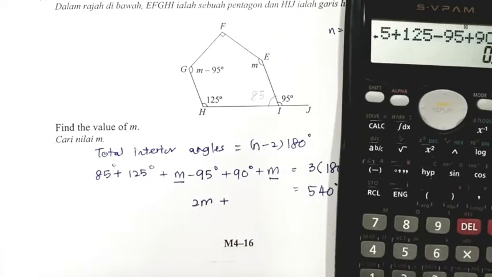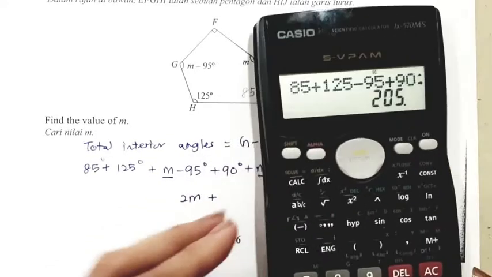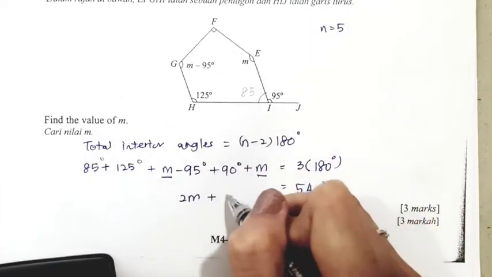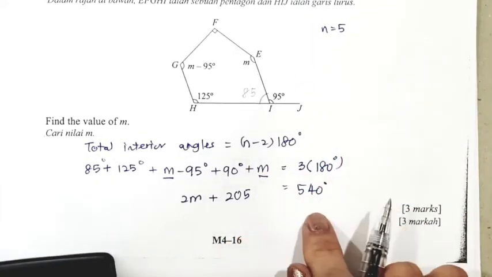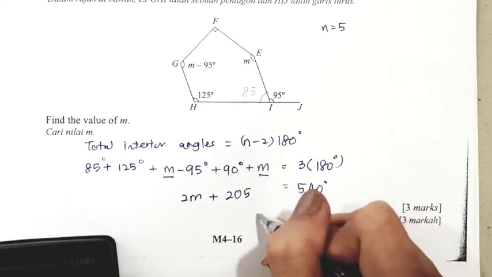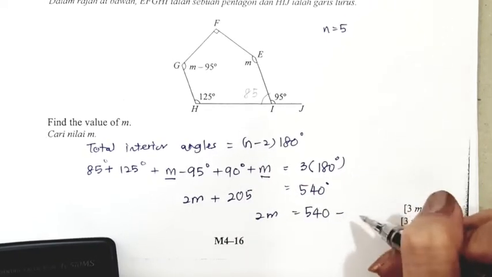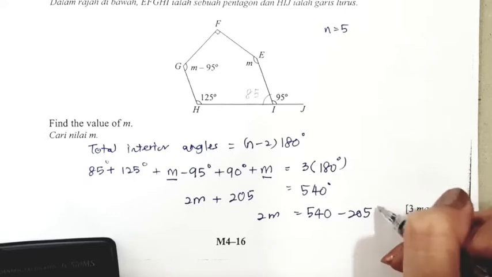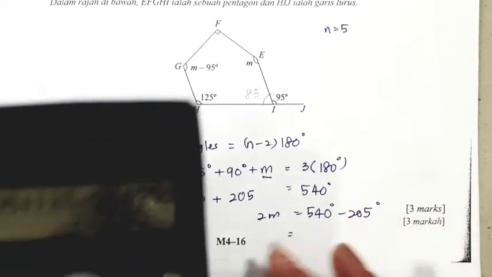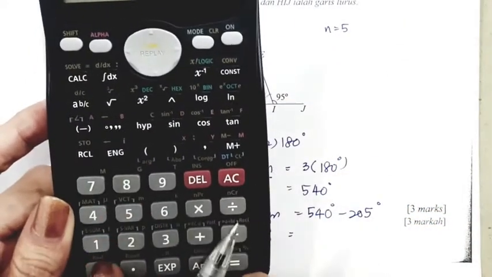Okay, that's it. So 205. So plus 205 equals to 540. So therefore 2m, and bring the 205 over. So 540 minus 205. So we have 540 minus the 205 is 335.